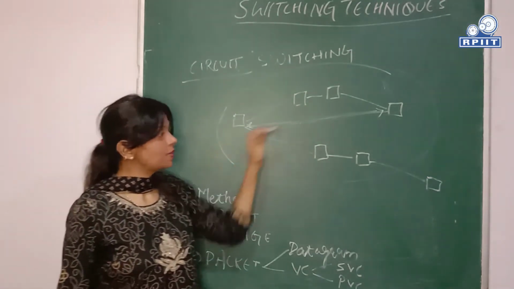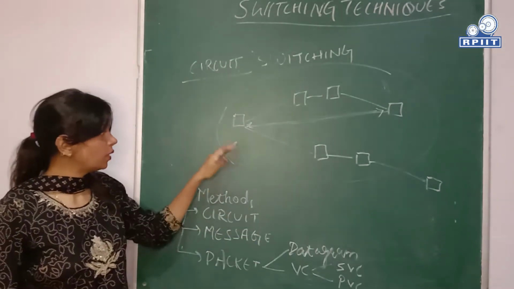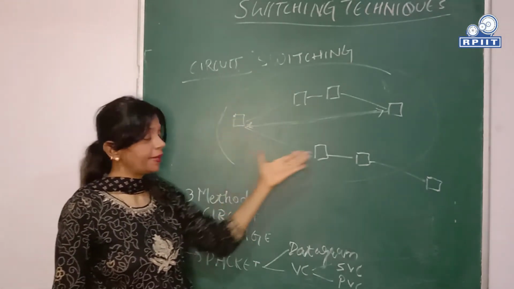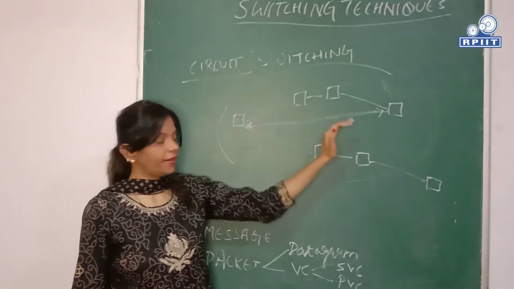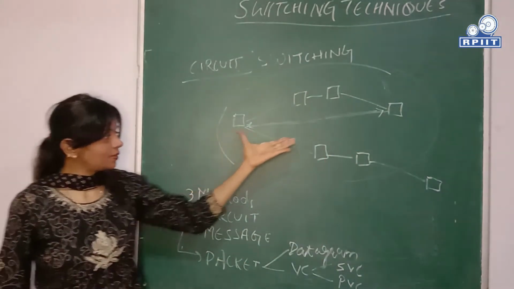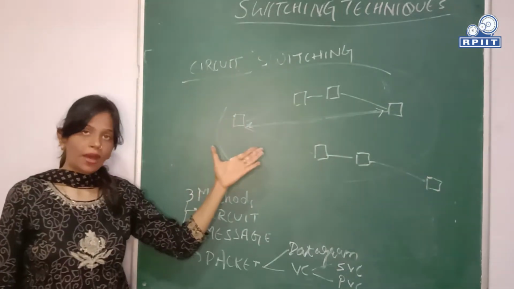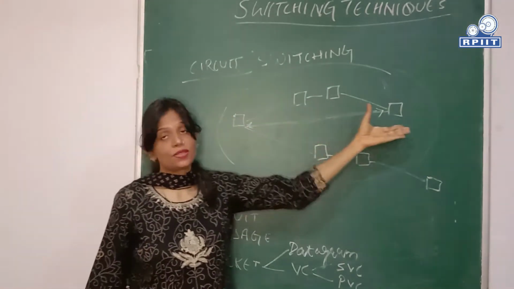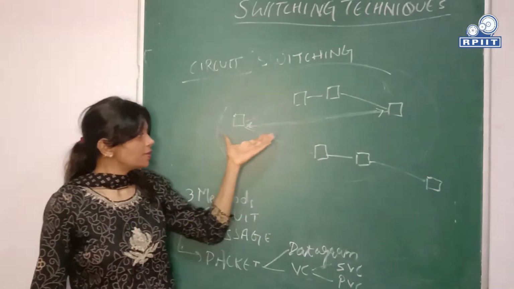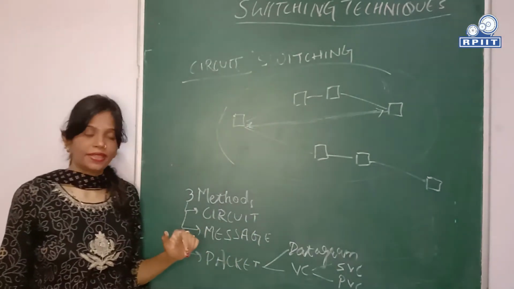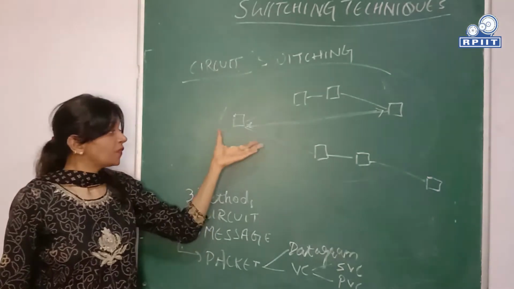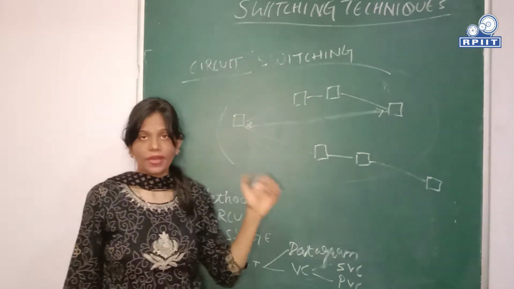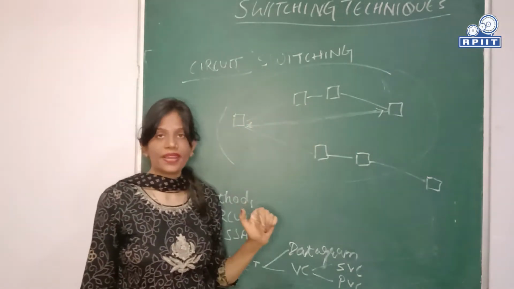In the first phase, circuit establishment, whenever any PC in the switching network wants to send data, a circuit is established, that is a dedicated path used by the two authorized users only to send the data from source to destination or from destination to source. Once the circuit is established, the data forwarding phase begins.